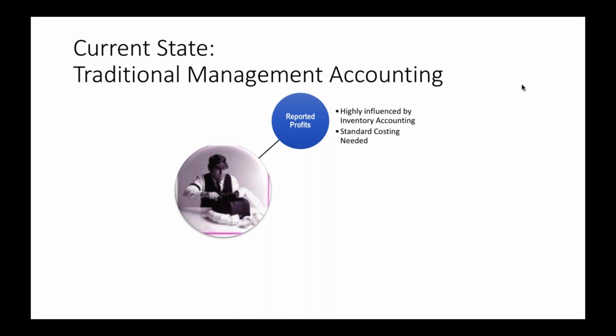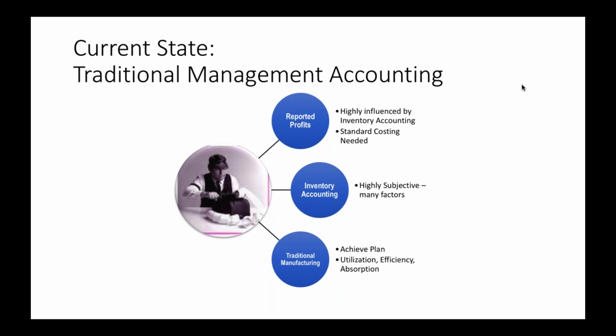So that creates this need for standard costing. Inventory accounting in a standard costing environment is highly subjective because there are many subjective factors which go into setting rates, setting standards, allocating costs. It's all very subjective, and it influences the profits.